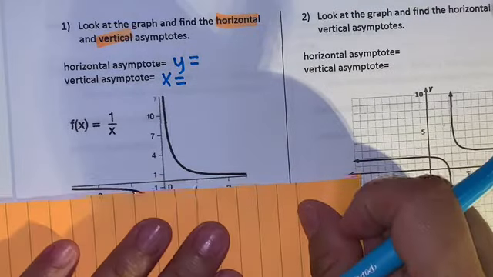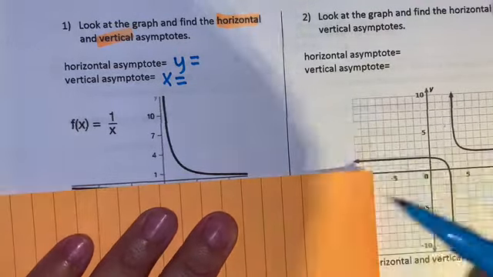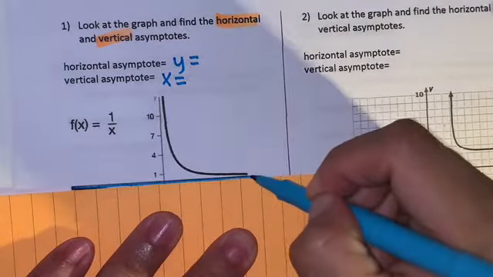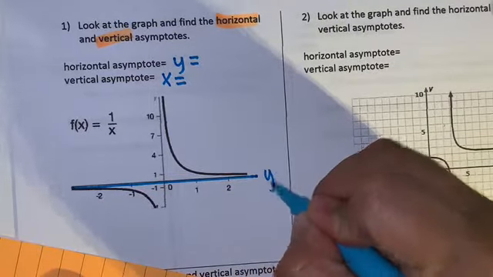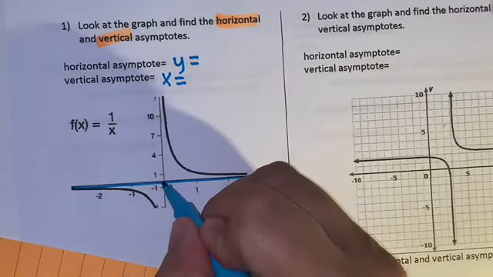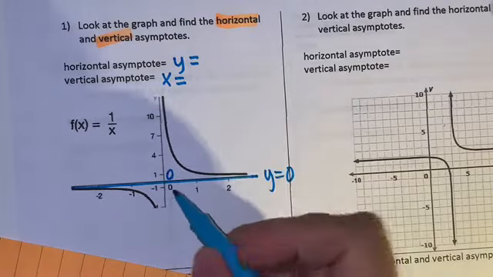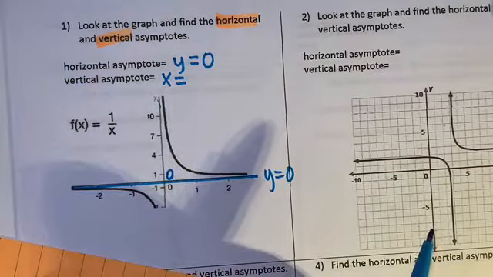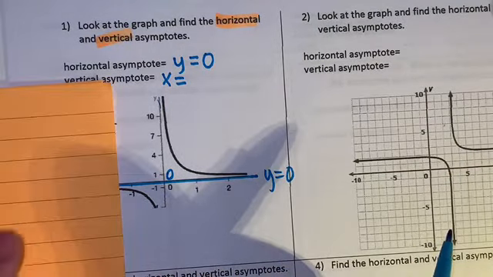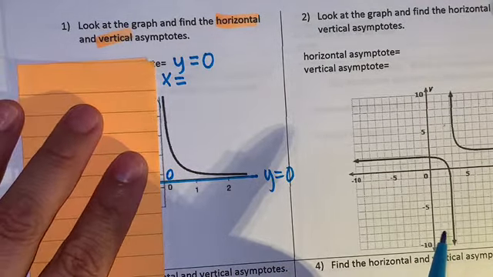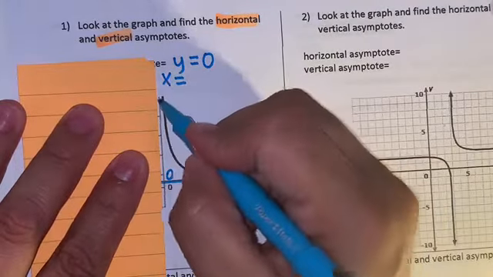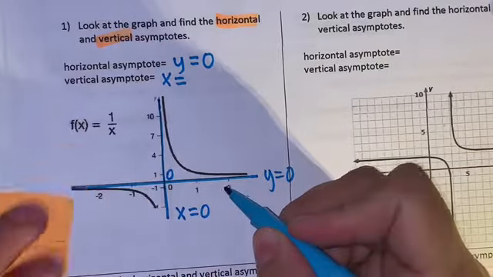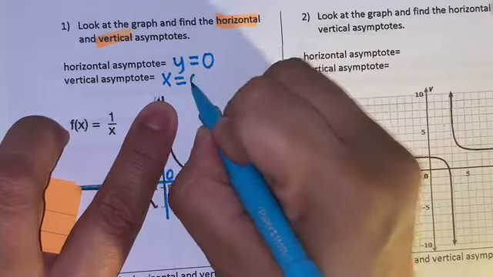If we look to see where the graph doesn't touch, we have a line right here, and we're going to say that this line is y equals 0, because this is also a 0 right in here when you have a vertical axis. So y equals 0 is your horizontal asymptote. Now let's look for the vertical asymptote. The graph also doesn't touch this axis either, so then we can call that x equals 0. So your vertical asymptote is going to be x equals 0.